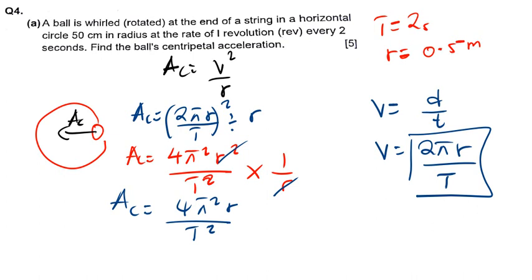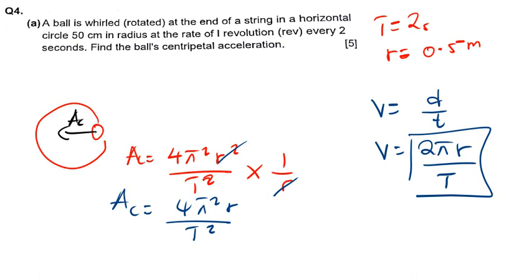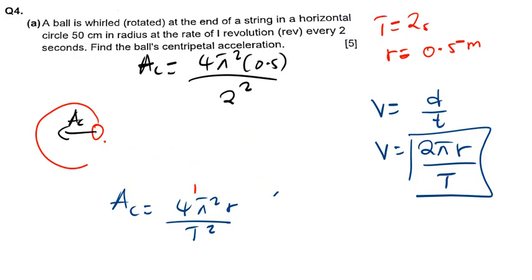Now you can plug in the values. So a_c will be equal to 4 pi squared, the r is 0.5, the t is 2, but I square it. So what answer are we going to find?